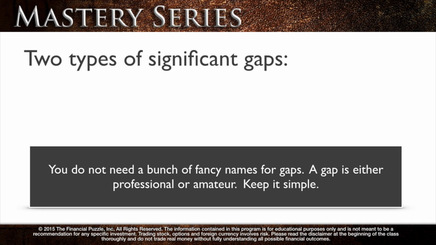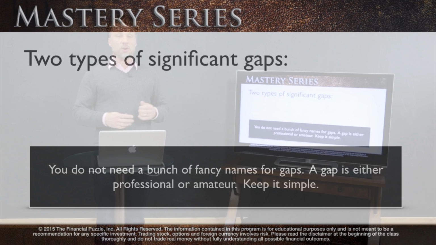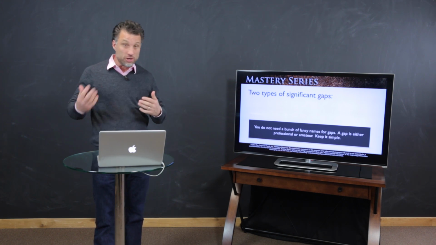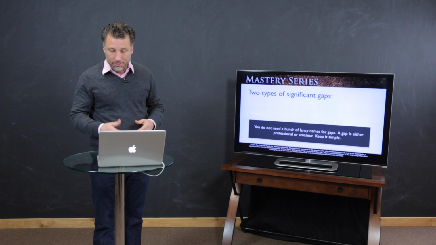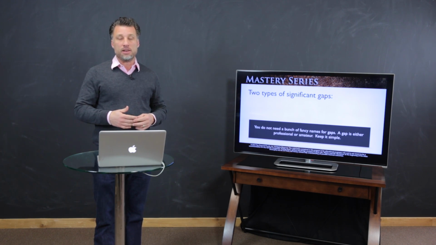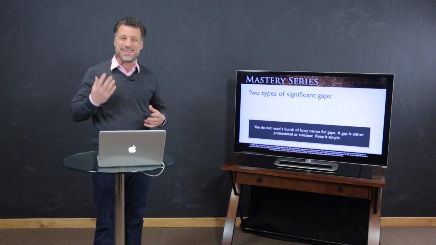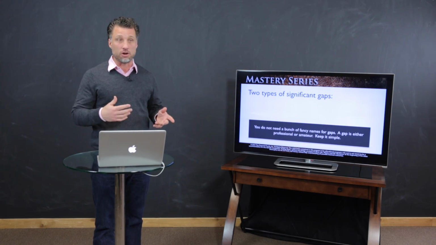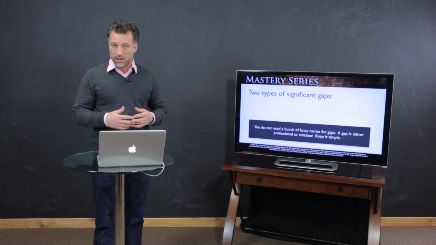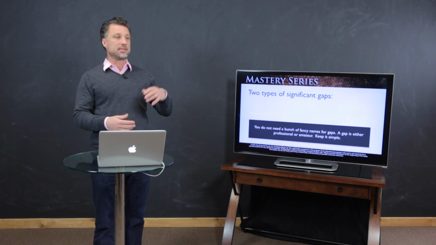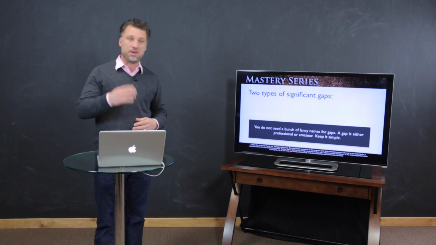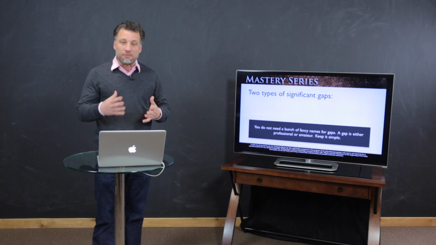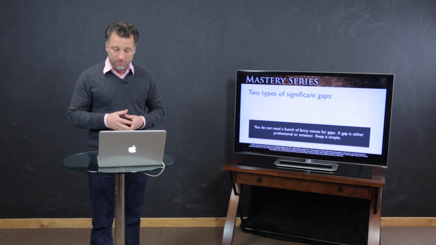Now, there are two types of significant gaps. But I've got to tell you that in the gap community within the trading industry, gaps have become cluttered with a lot of names, people trying to rename gaps with fancy names like continuation gap, retest gap, exhaustion gap, pivot gap, this type of gap, that type of gap. We don't need the fancy names to trade these gaps profitably.